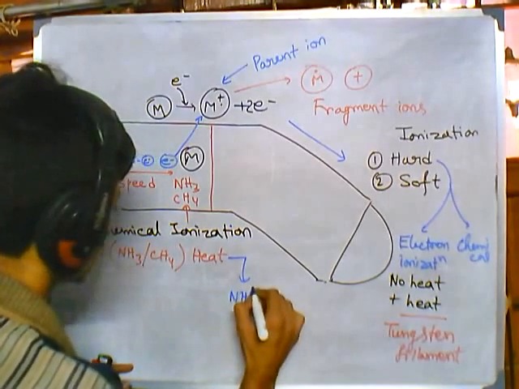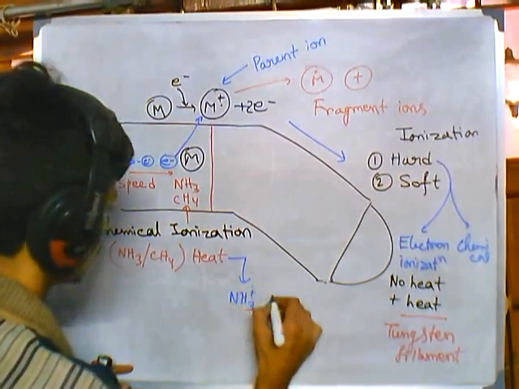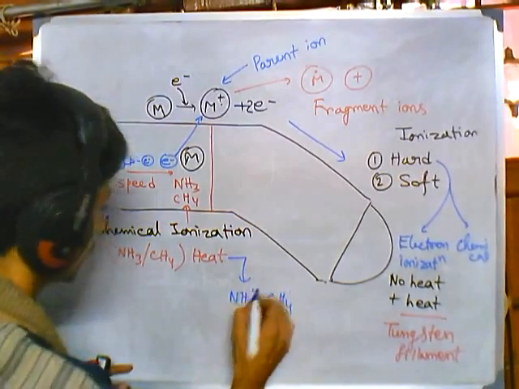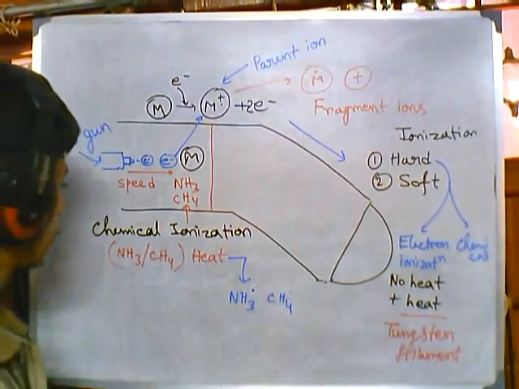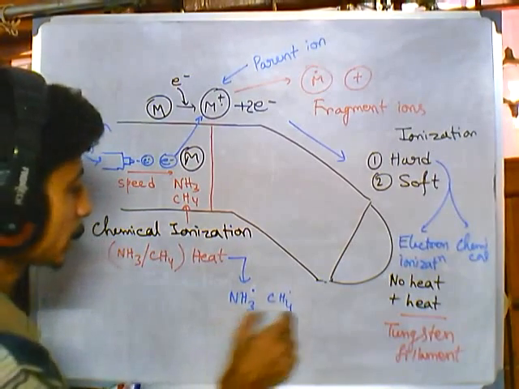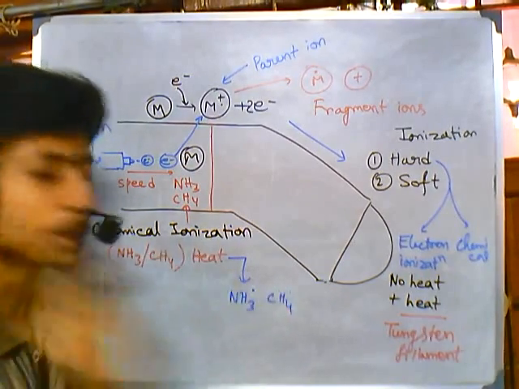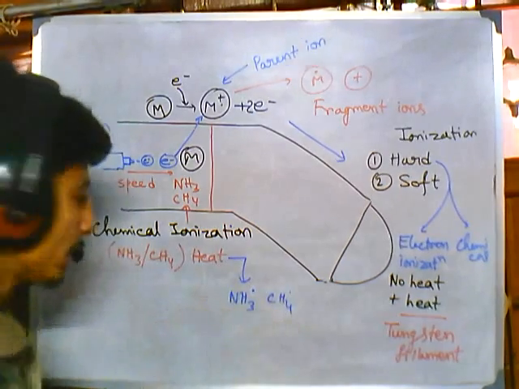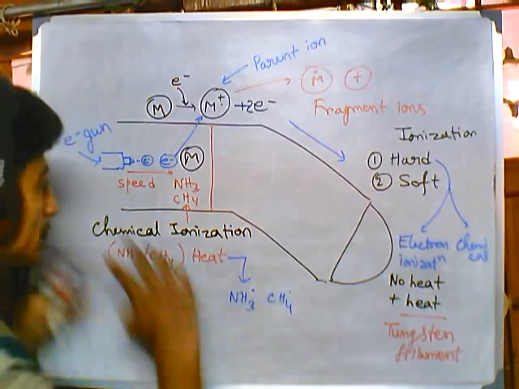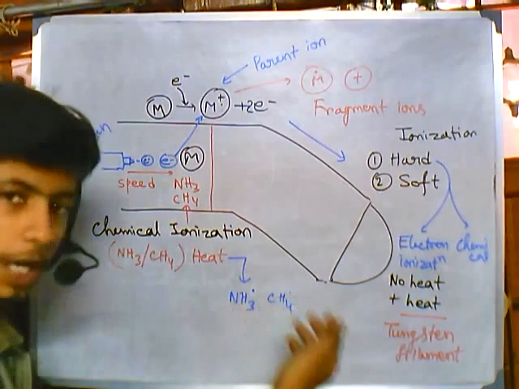so we can generate things like that. After the generation of these reactive chemical species from ammonia and methane, they can interact with themselves, because the environment is filled with this ammonia or methane.